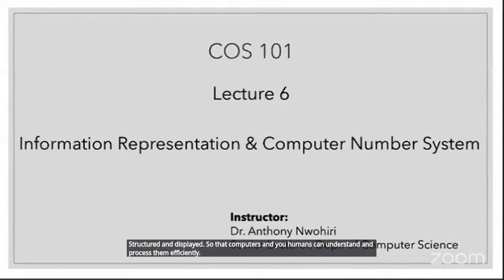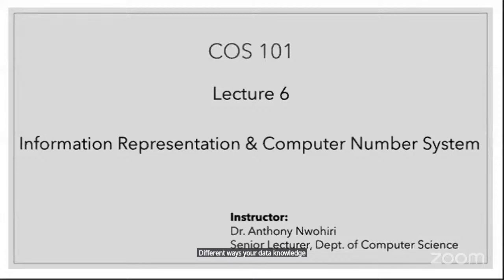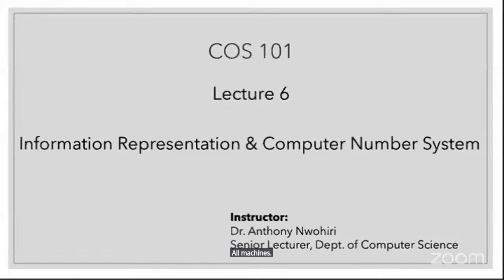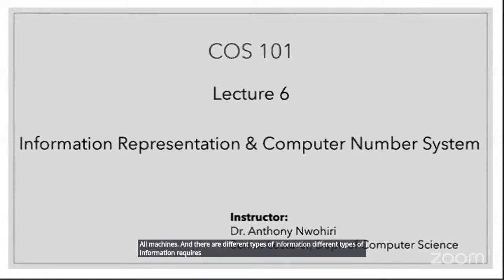So it involves encoding real-world concepts into a format that can be processed by humans or machines. And there are different types of information. Different types of information require different types of representation. Some information can be represented in one form, others can be represented in a different form.